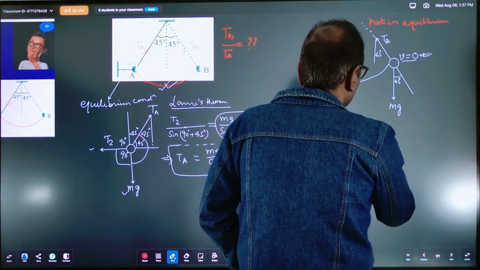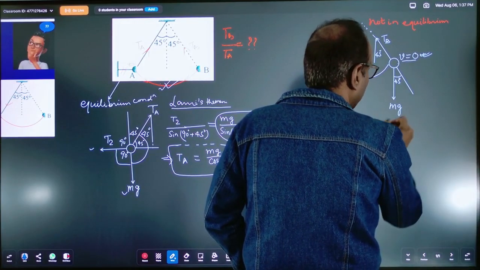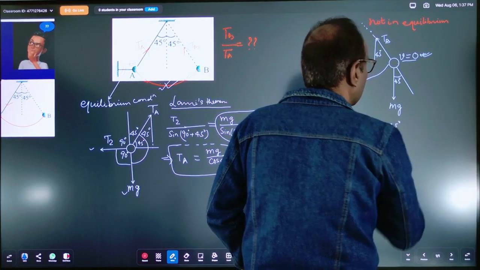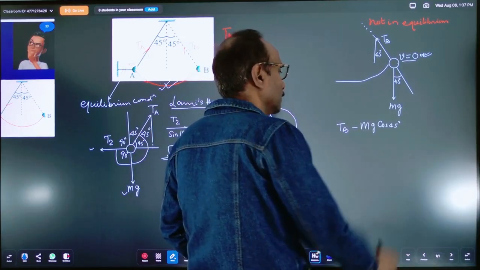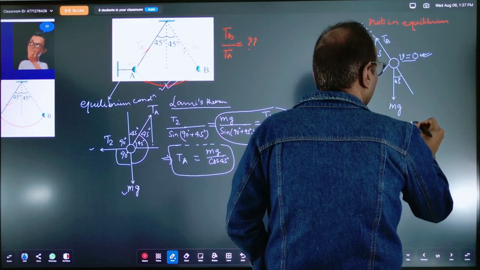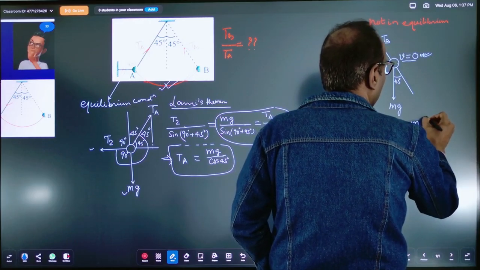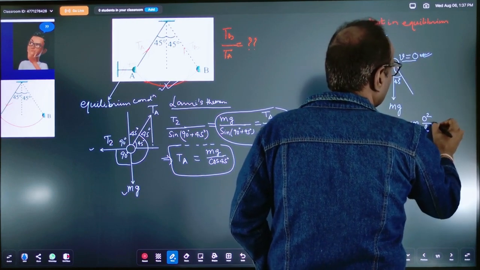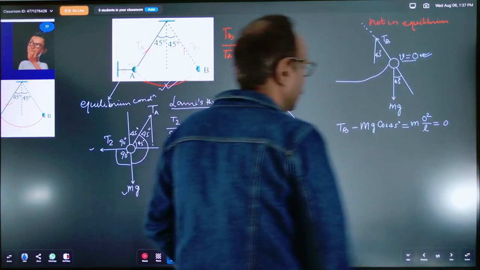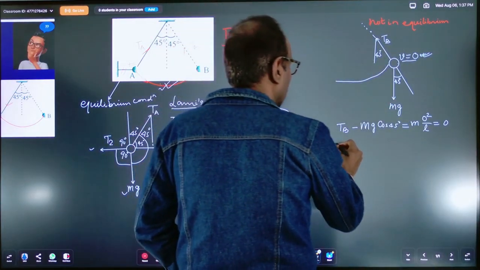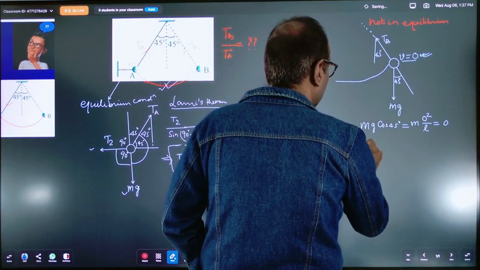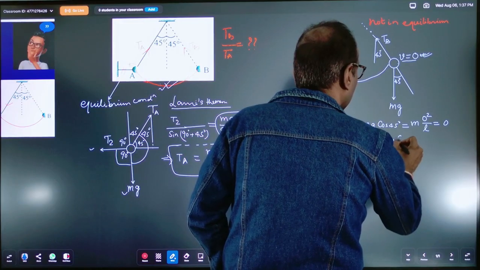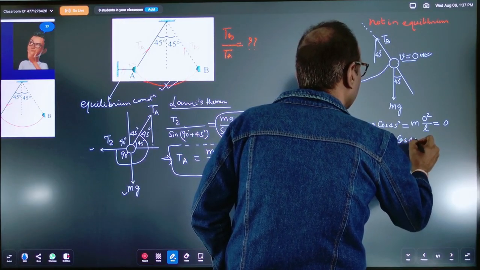So TB minus the component of mg in the direction of TB is equal to mv square by r. So 0 square by the length of the cord. So this is 0. So your tension at B is equal to mg cos 45 degree.